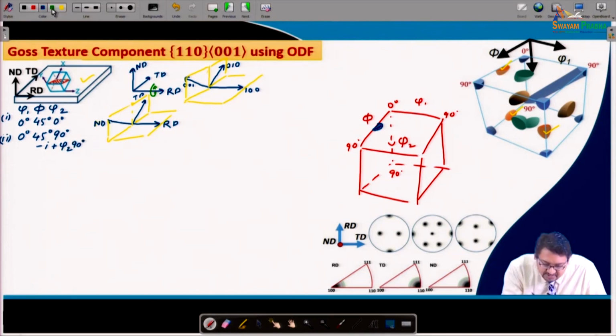So, how we will do so? We will take this, we will rotate it by 90 degrees, and when it will be done, what will happen? The TD will go somewhere here, and the RD will go somewhere here.